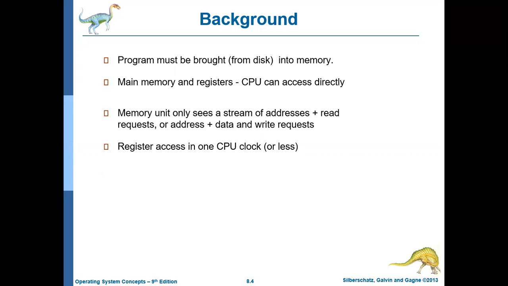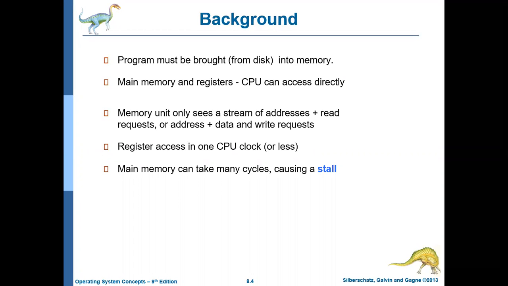If some data is available in the CPU registers, the CPU can access it very fast, because registers are present inside the CPU itself. The processor can access a register in less than one clock cycle.